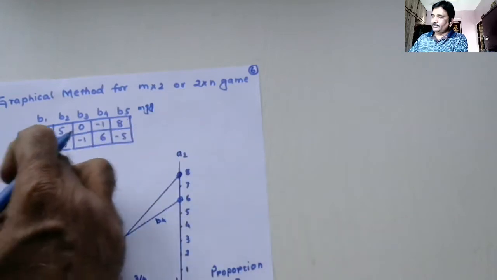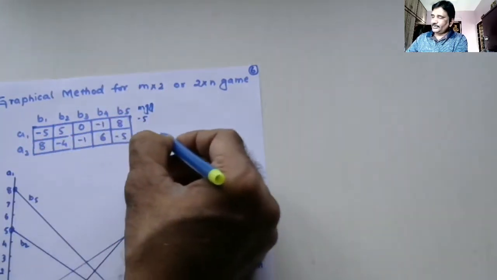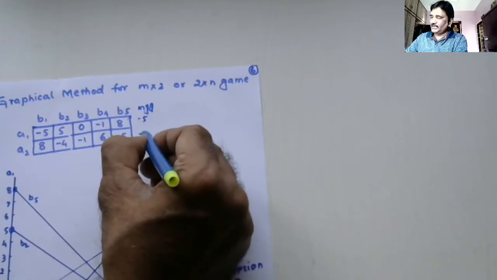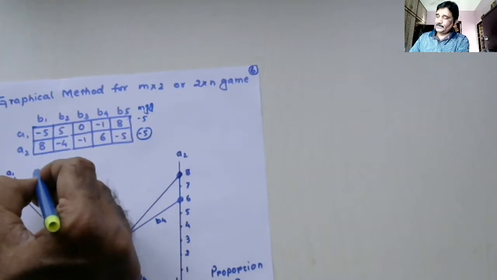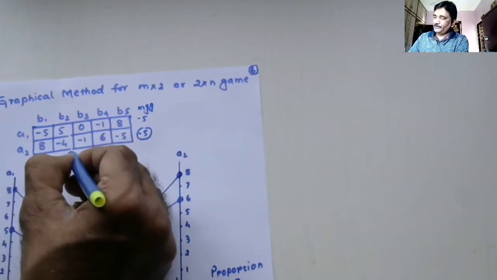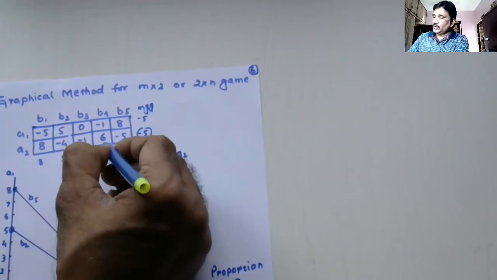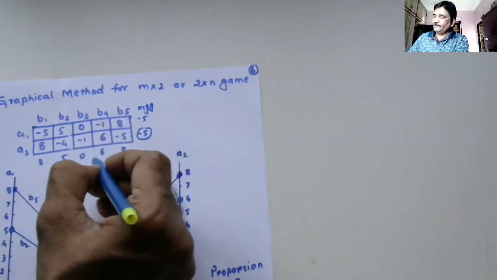So minimum from this row is minus 5, and minimum from this row is again minus 5. So maximum is this minus 5, and maximum from each of the columns is 8, 5, 0, then 6, and then 8. Okay.